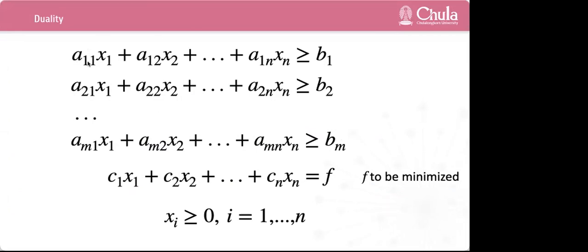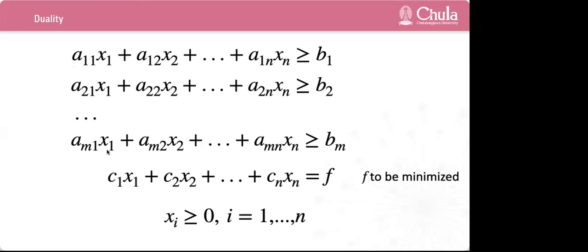We have a11 x1 plus a12 x2 plus and so on to a1n xn greater or equal to b1, right? And we have the second expression, a21 x1 plus a22 x2 plus and so on to a2n xn greater or equal to b2.